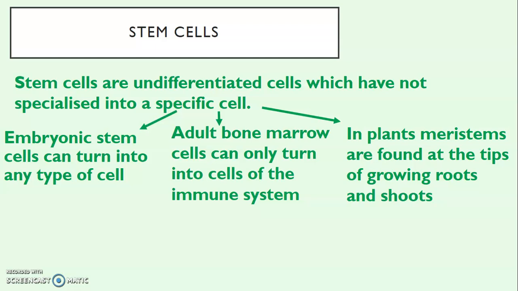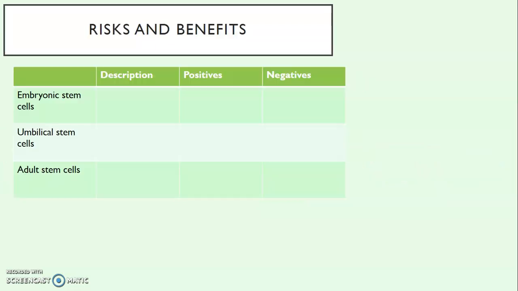We're going to think of the places we could get stem cells from for a human. So what you're going to do is use the information. There'll be information in the video. Please feel free to go and do your own research on this as well. We are going to look at the positives and the negatives for embryonic stem cells, umbilical stem cells and adult stem cells.